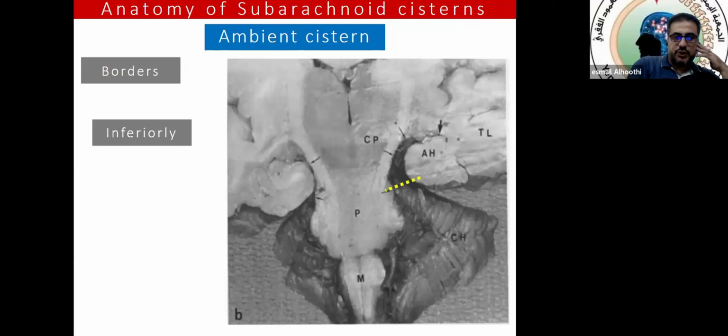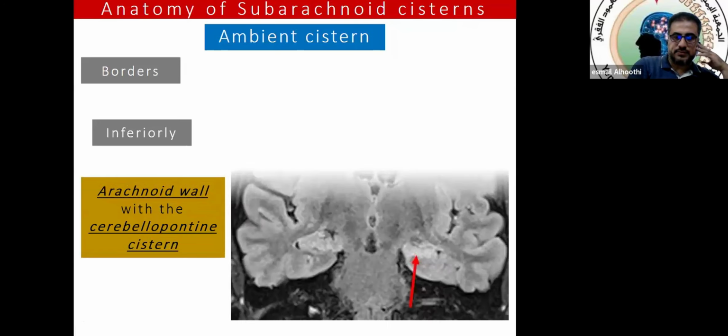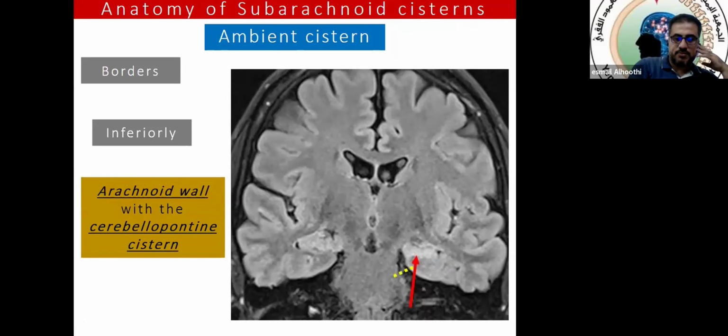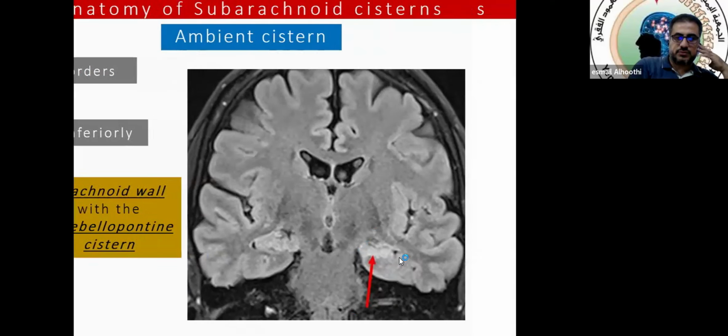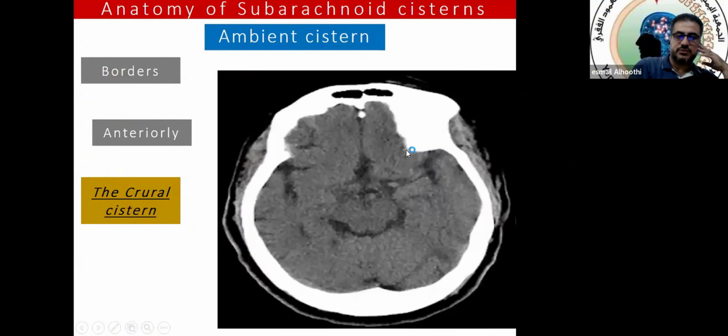The inferior border of the ambient cistern is the arachnoid wall with the cerebellopontine cistern, which separates the ambient from the cerebellopontine cistern as a thin membrane. The anterior boundary of the ambient cistern is the choroidal cistern. Just anterior to it is the choroidal cistern.